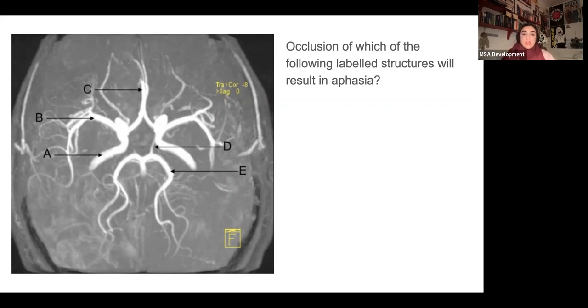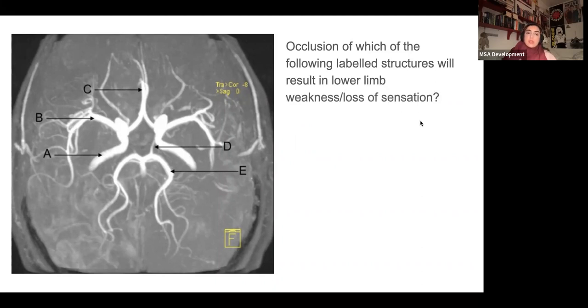Now, when we understand that, then we can see, okay, which of these is a middle cerebral artery? And the answer would be B. So aphasia can happen, Broca's, for example, frontotemporal or frontal lobe, and Wernicke's if it's parietotemporal or the temporal lobe. But most of the time, both are implicated in middle cerebral artery occlusions or problems, okay?